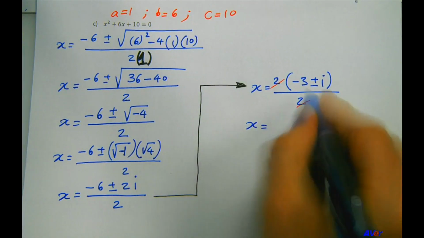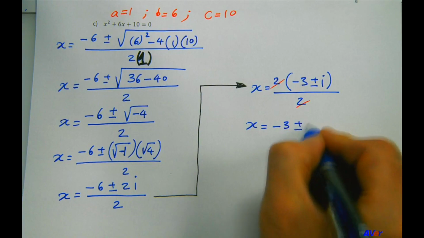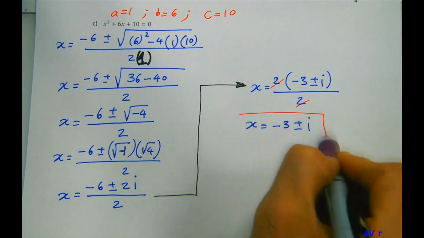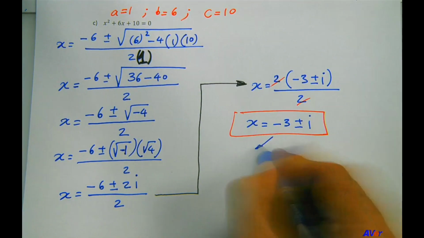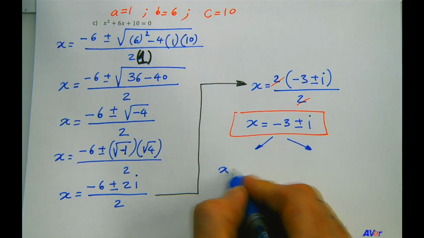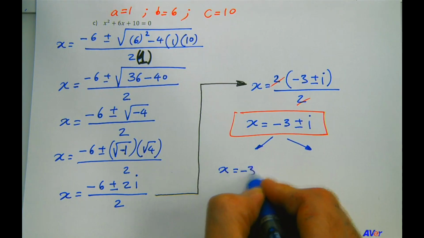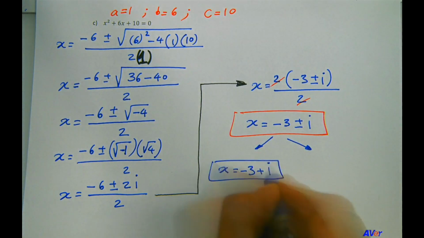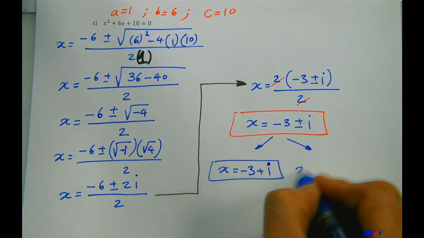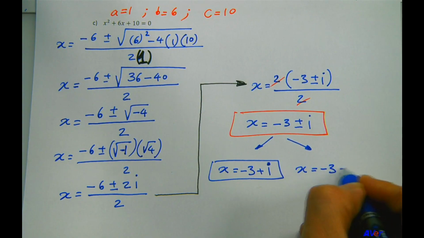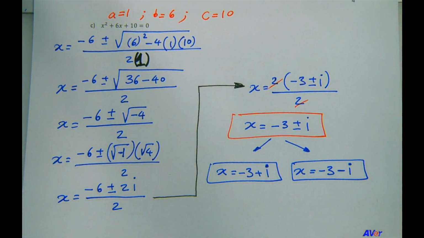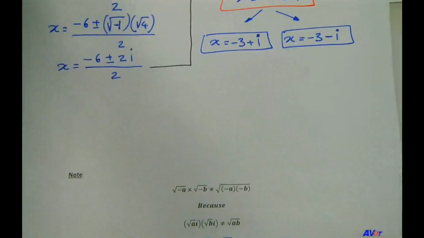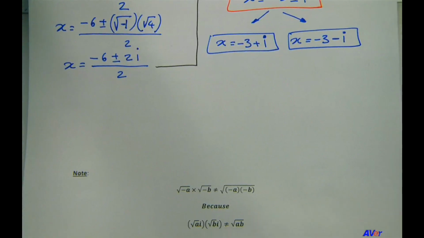We get x equals minus 3 plus or minus i. So you can either keep the answer like that on a piece of paper, or you can write it separately on a computer as x equals minus 3 plus i and x equals minus 3 minus i, like that.